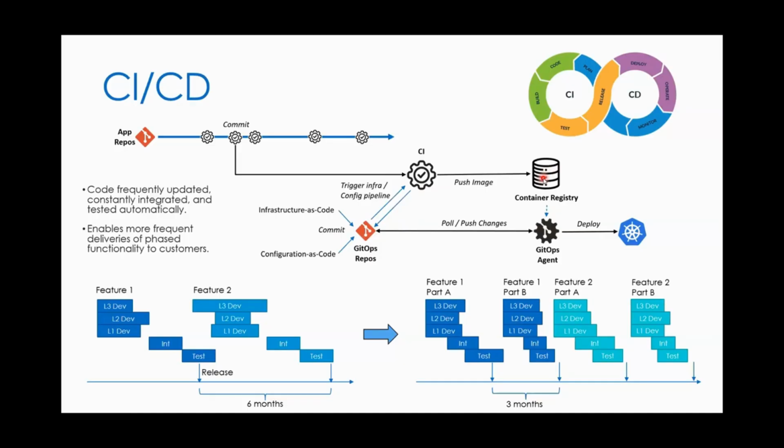So from the CI point of view, I make an update, whether it's to the product code, configuration or infrastructure, and I automate the testing of that to bring those components together, run it, make sure I'm happy, and then store that as a new working version.